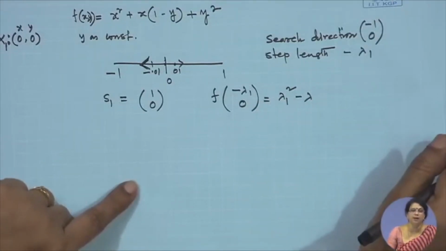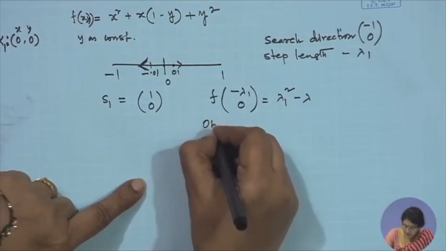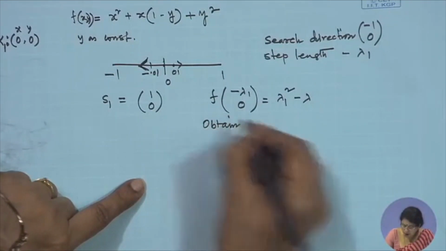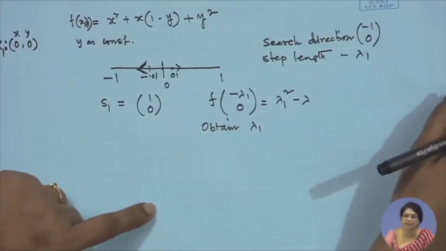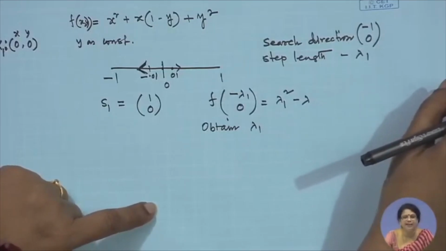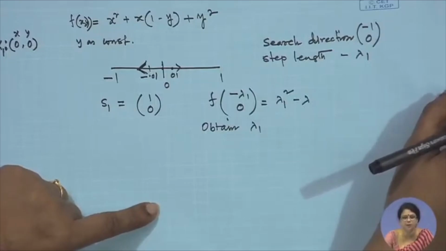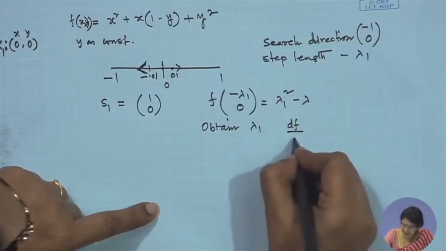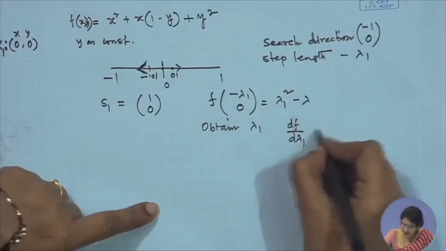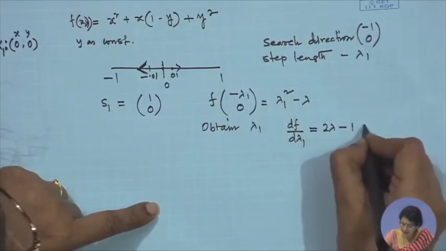Now, what is my aim? My aim is to obtain lambda 1 which optimizes f. That means the first order derivative of f with respect to lambda 1 must be 0. We consider df by d lambda 1, which is 2 lambda 1 minus 1 equal to 0.